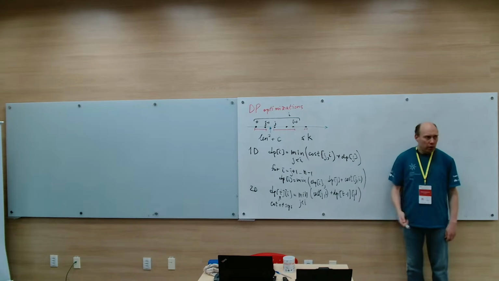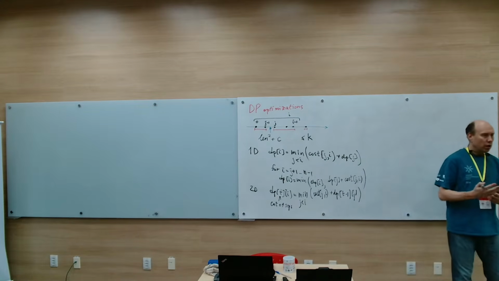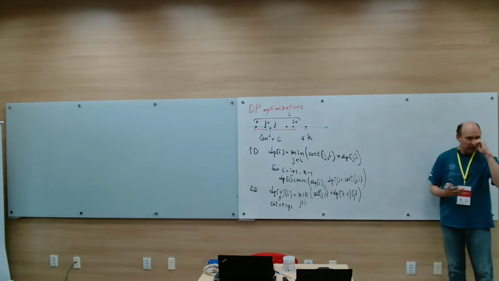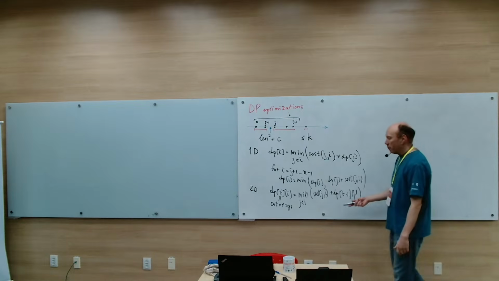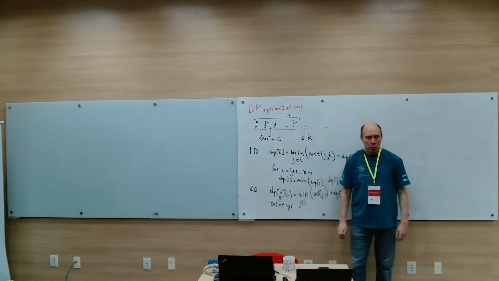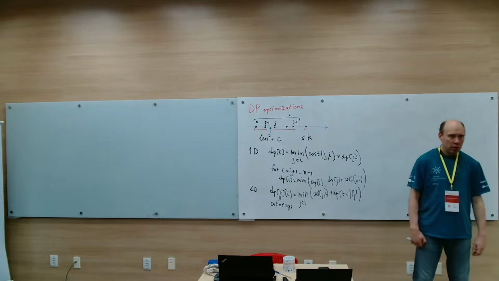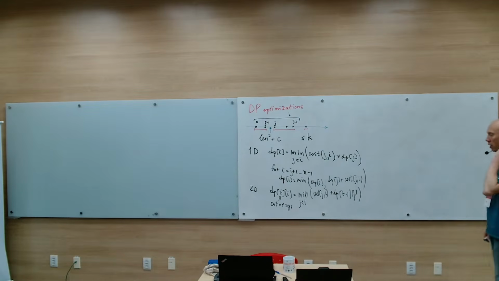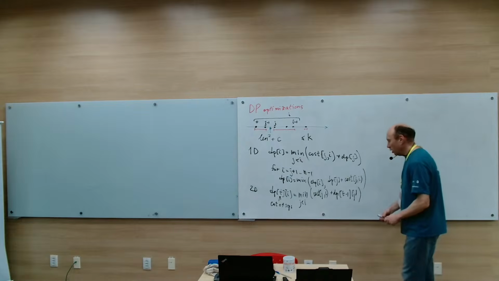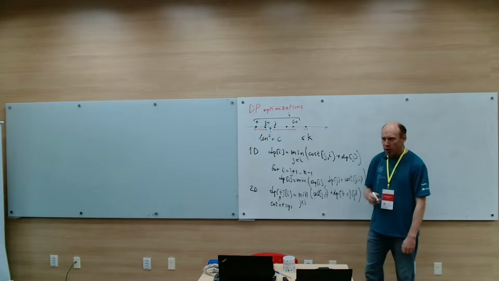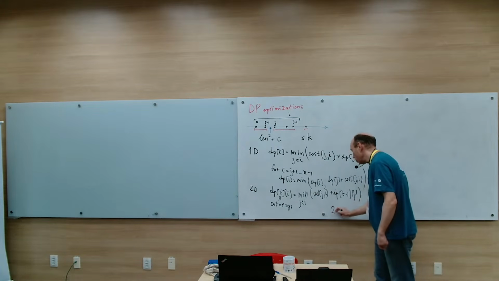You can update the values for i in any order you like, and that sometimes can lead you to optimizing your solution, which we will see in so-called divide and conquer.